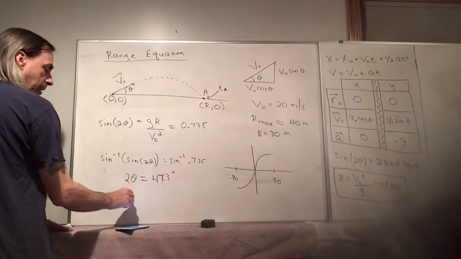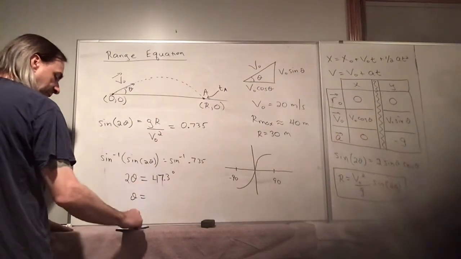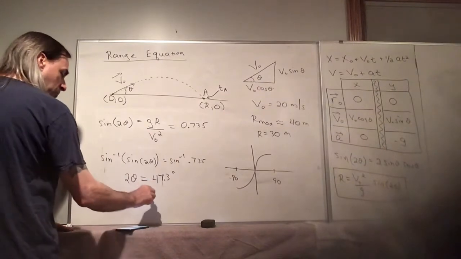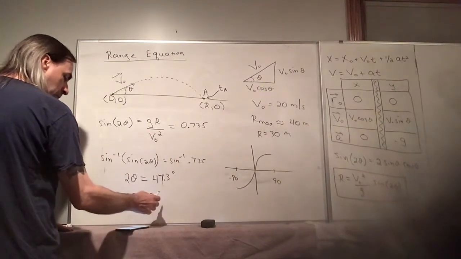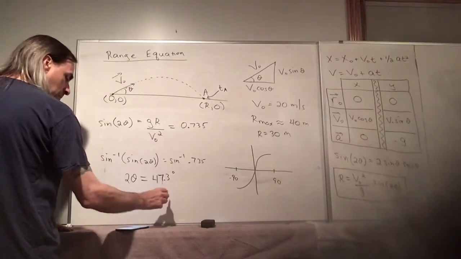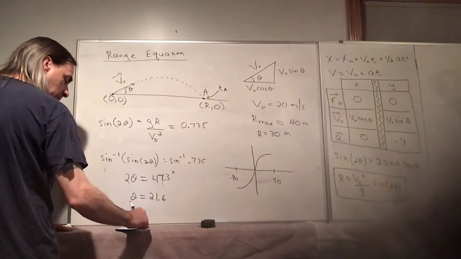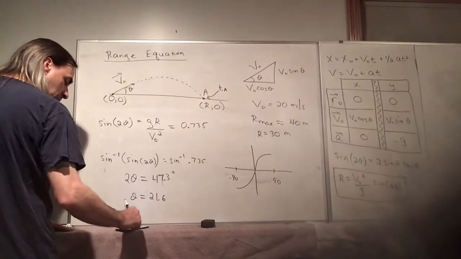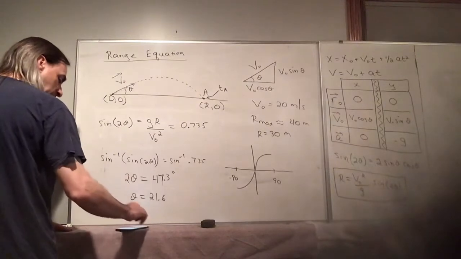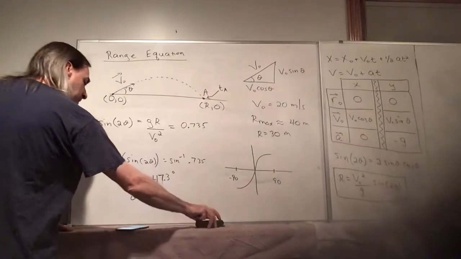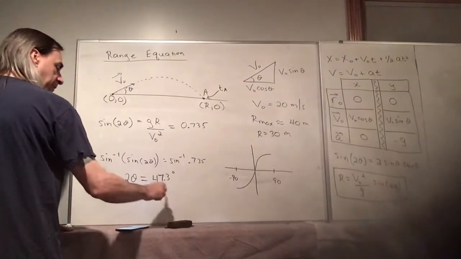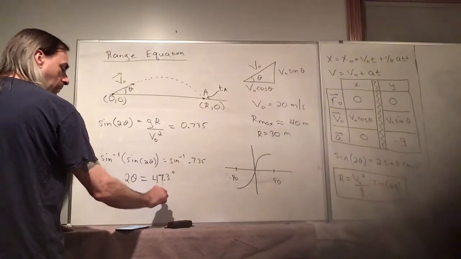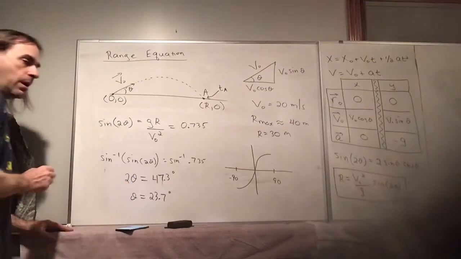So that would mean that theta is 1/2 of that, or 23.7. Round it off to that.